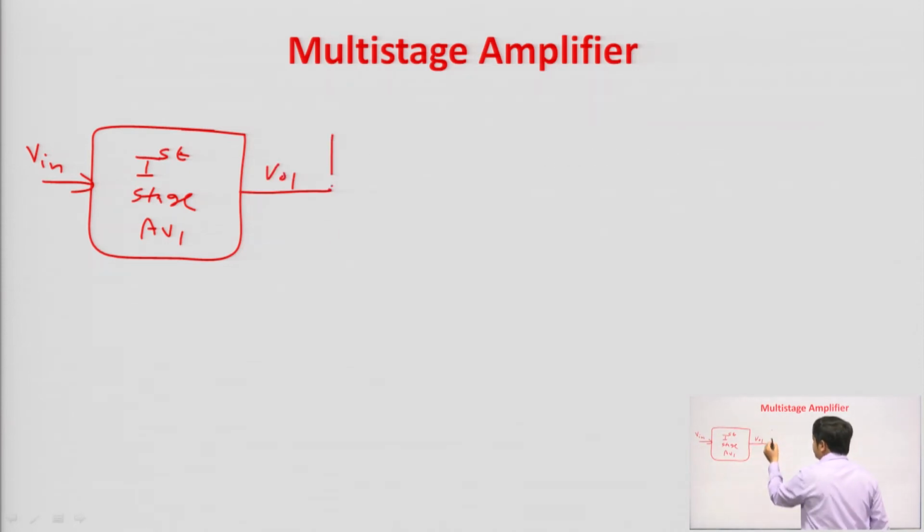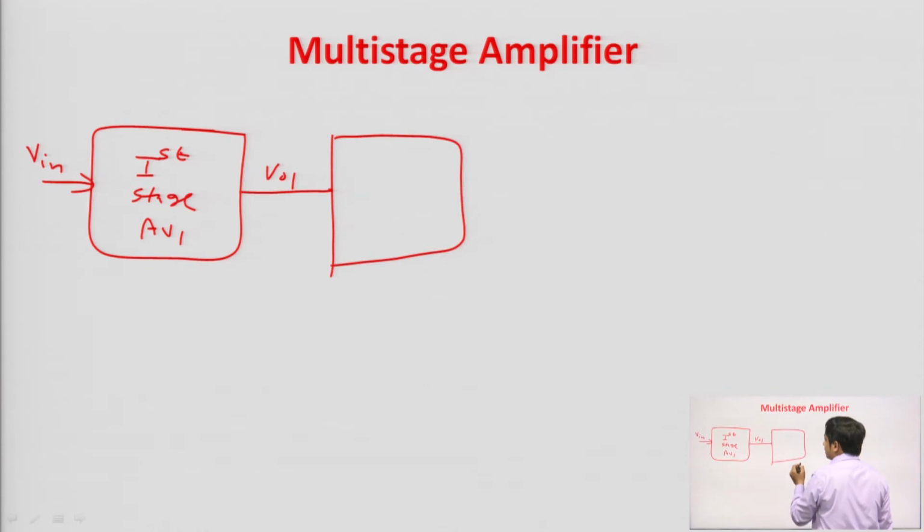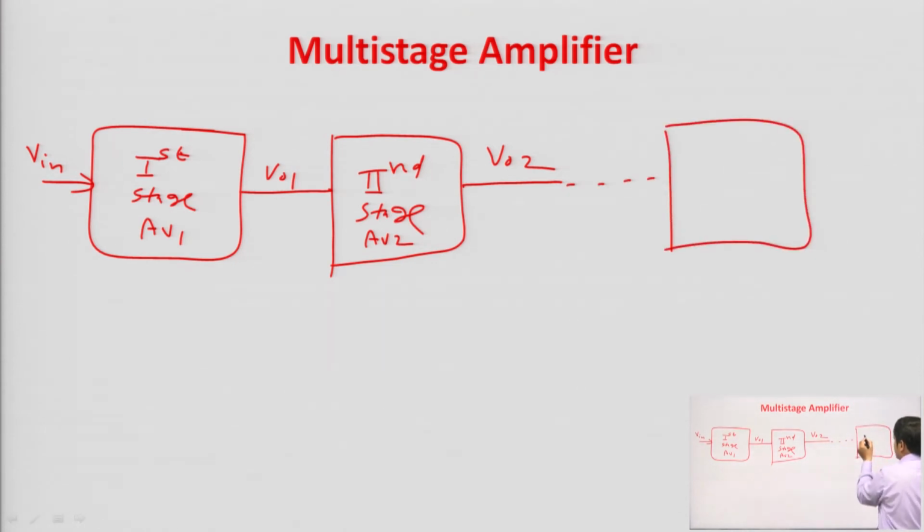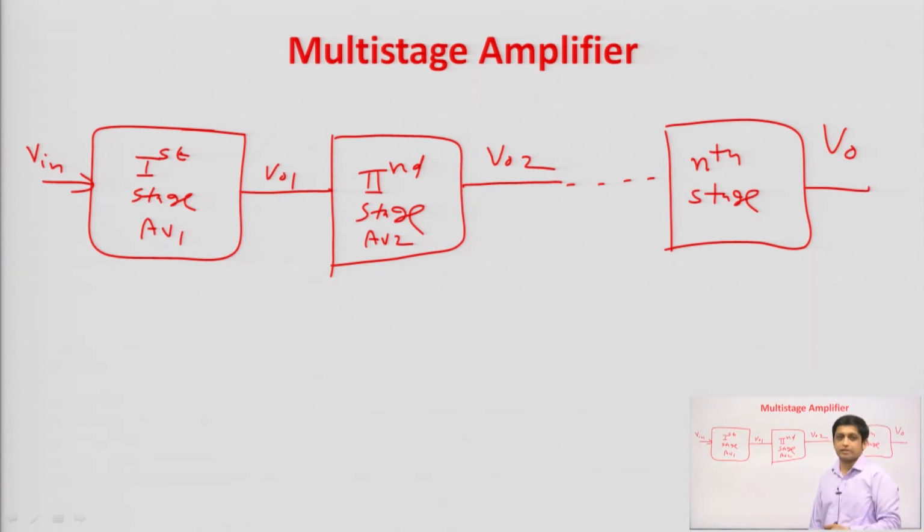Now, the output of the first stage is connected to the input of the second stage, and the output of the second stage is VO2 and the gain of the second stage is AV2. Similarly, we can design it up to the nth stage, and the final output is V naught. This is the structure of the multi-stage amplifier in which more than one stage is connected in cascade.